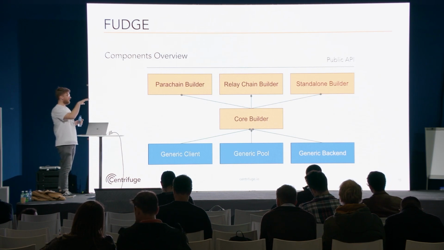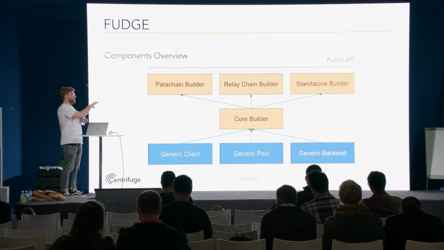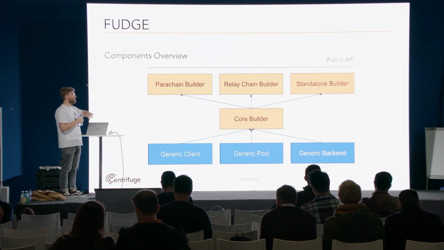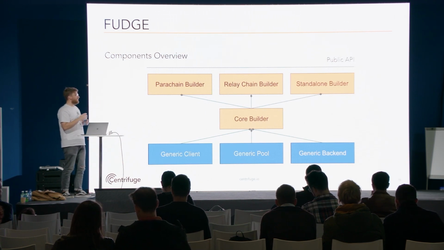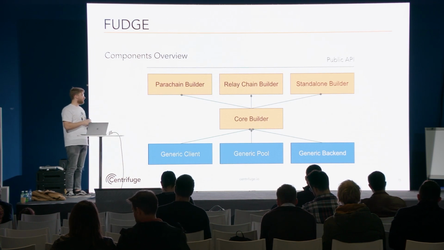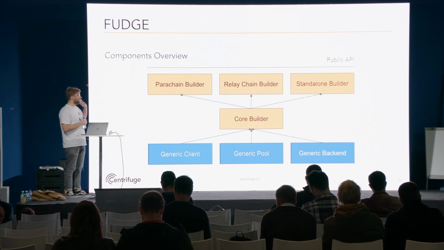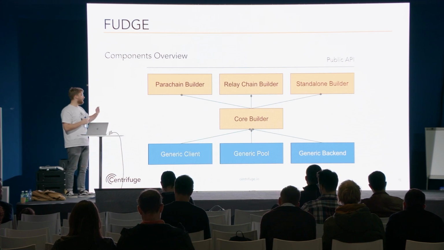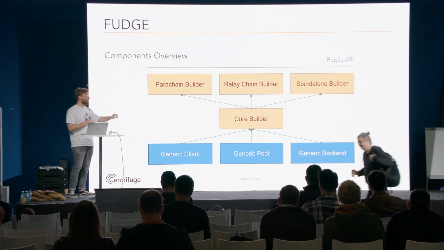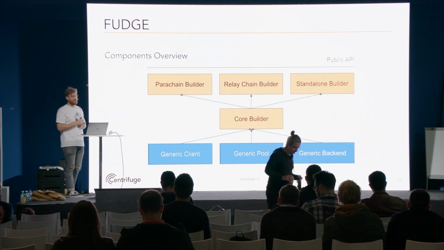But all of those at their core just wrap the core builder, which handles all the heavy lifting. It gives you access to client-related traits, pool-related traits, and backend-related traits.